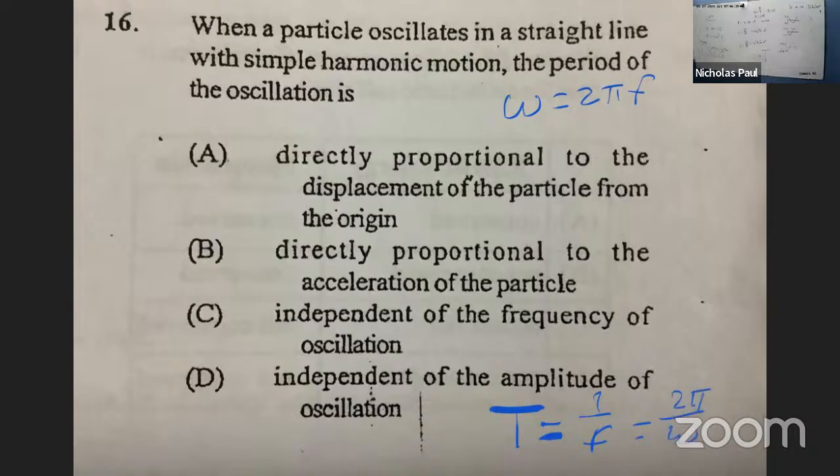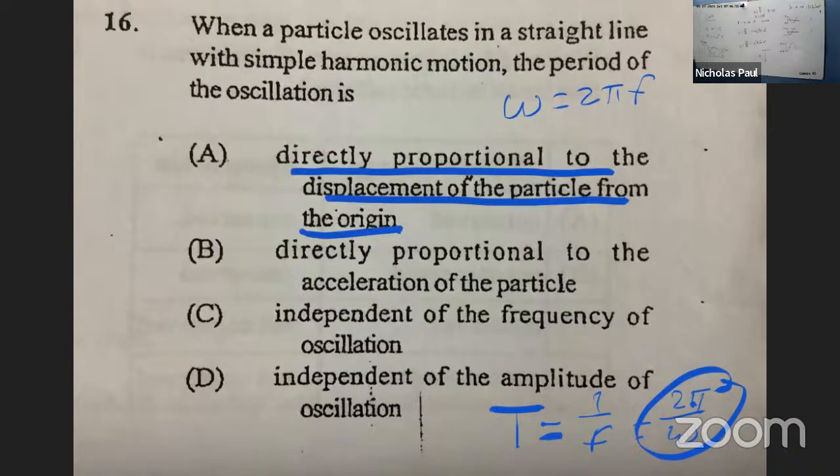So is period dependent on amplitude? Period is dependent on omega, or on frequency. Is the period directly proportional to the displacement from the origin? Directly proportional to the acceleration?